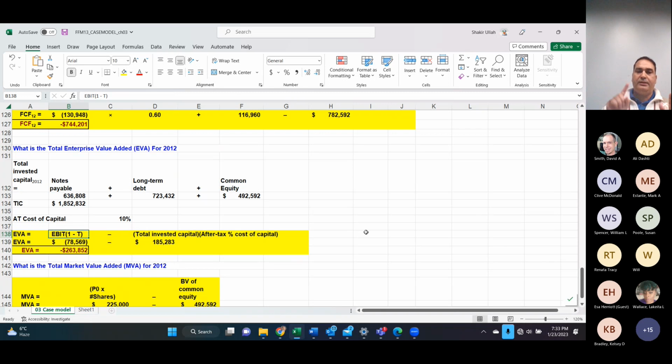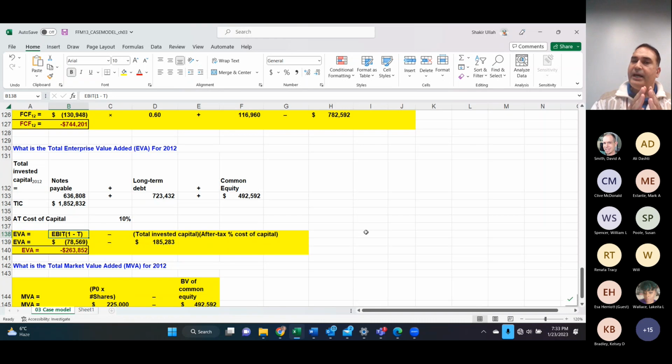You're not using your money. $1 million at 10% rate. What is your annual cost? 10% of 1 million is 100,000, right? Am I right? Okay. All right. So my cost of capital is $100,000.